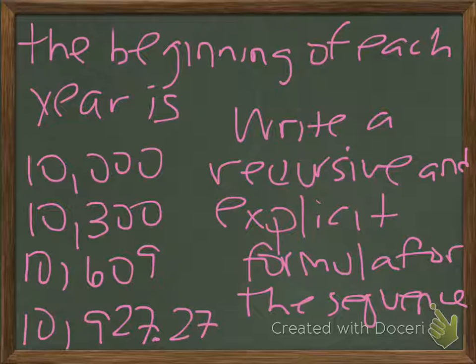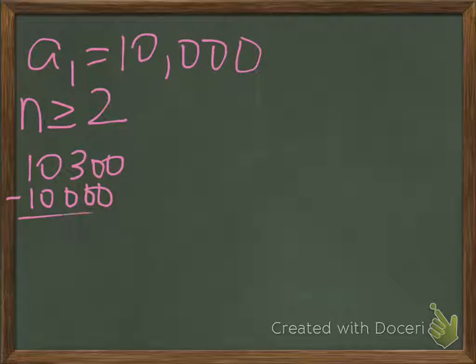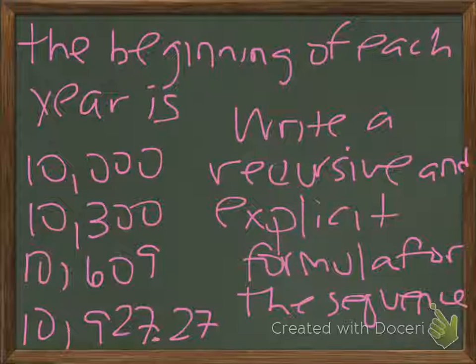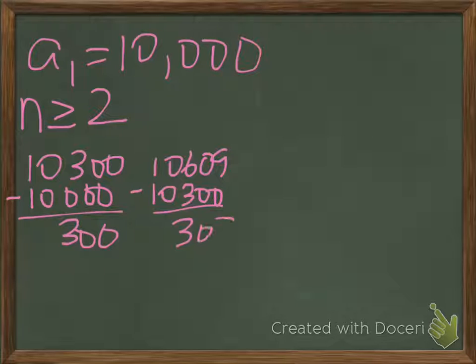So we're going to subtract the first term from the second term. So 10,300 minus 10,000 gives me 300. Then if I take 10,609 minus 10,300, I get 309.